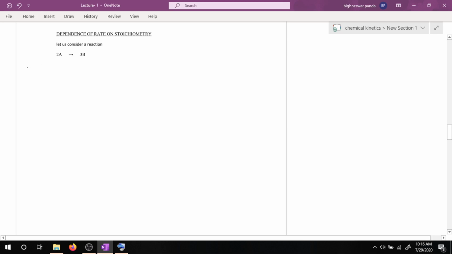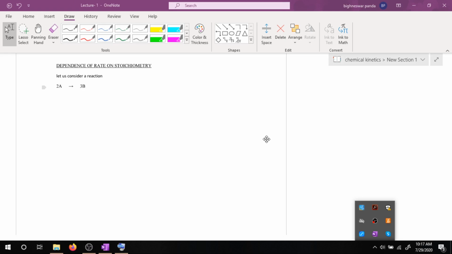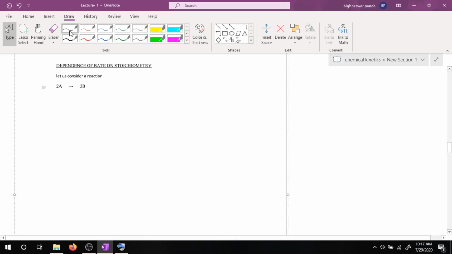Here the coefficient is 2 and here the coefficient is 3. So let us consider the reaction 2A gives rise to 3B.